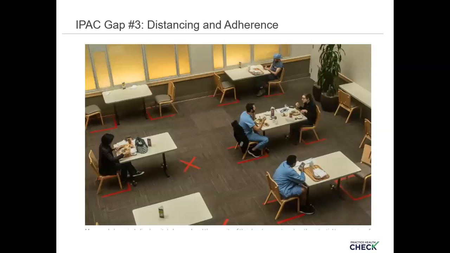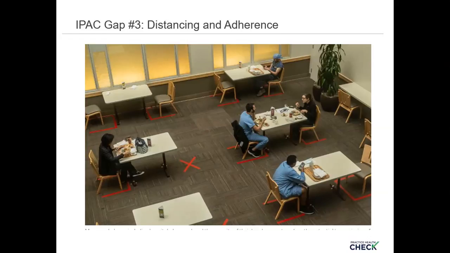So distancing and adherence. This is a really good example of identifying safe areas within this room where people can and cannot sit. At some tables you see there's two people, and it's likely measured that they were 6 feet apart.